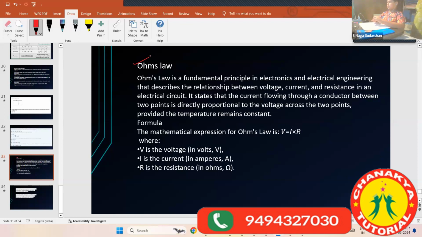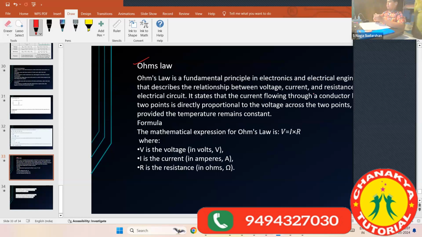It states that the current flowing through a conductor between 2 points is directly proportional to the voltage across the points. So that is Ohm's law actually.